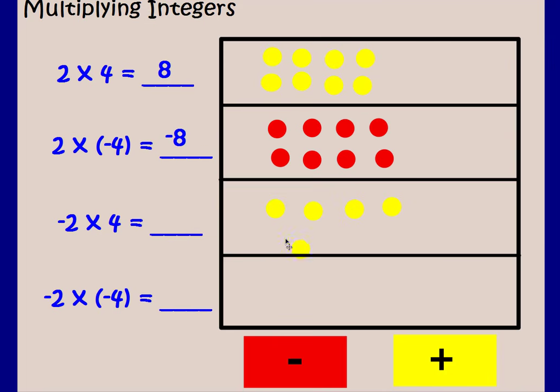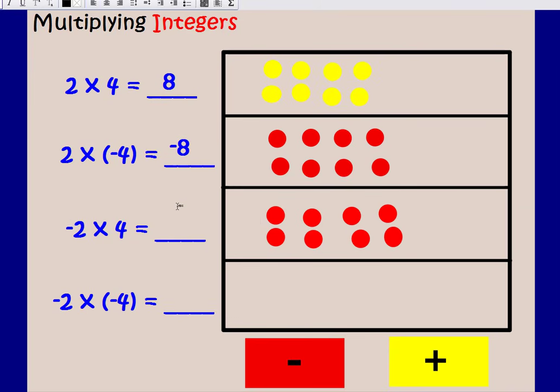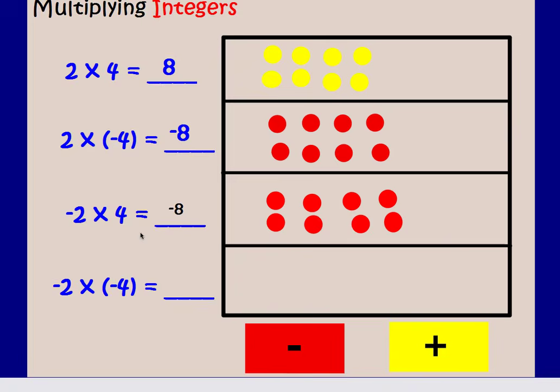Here's one group, and there are 2 groups, and I want the opposite of that because it's negative 2. It's the opposite of 2 groups of 4. So the opposite of these positives would be negatives. So I would turn them into negatives. And when I count them all up, I get negative 8. There are 8 negatives. So negative 2 times 4 equals a negative 8.